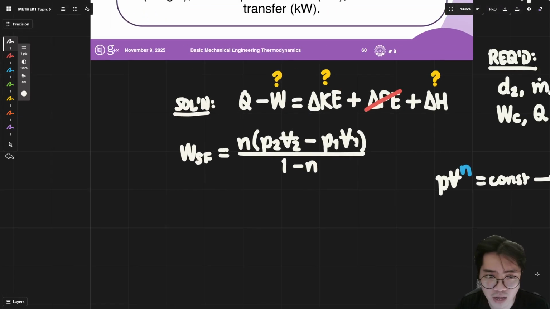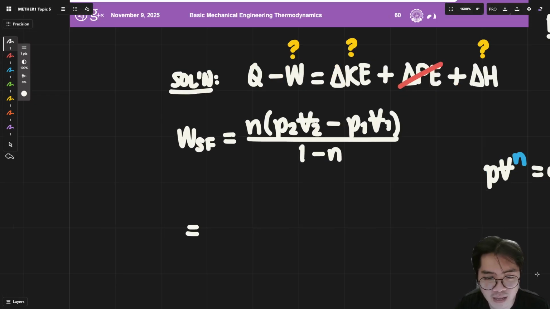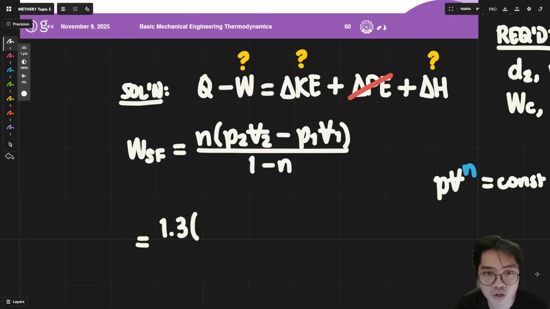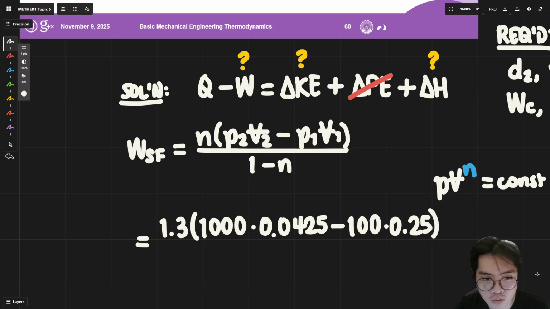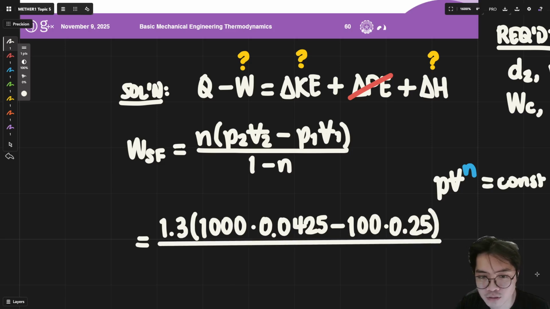So let's just put everything together. We will have N, which is 1.3, times P2 V̇2. Your P2 is going to be, what again? 1,000. There you go. Times V̇2. Your V̇2 is what we just got earlier, 0.0425, minus P1, which is 100, times your V̇1, which is 0.25, all over 1 minus 1.3.